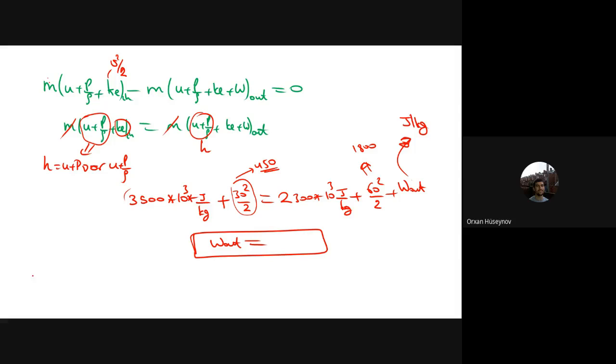So therefore, in thermodynamics, the enthalpy or the internal energy is more important than the kinetic energy or potential energy. Okay, this enthalpy or internal energy is more important than kinetic energy or the potential energy, and this is called the simple compressible system.